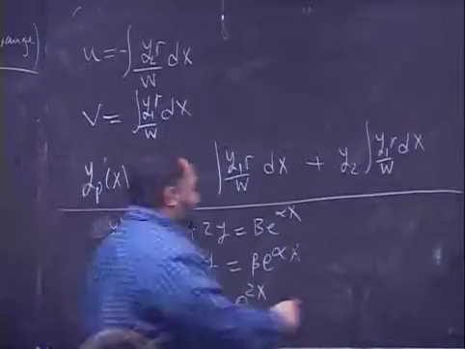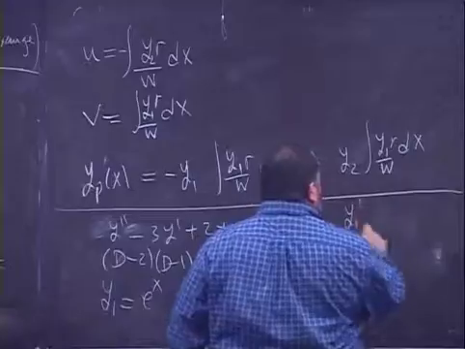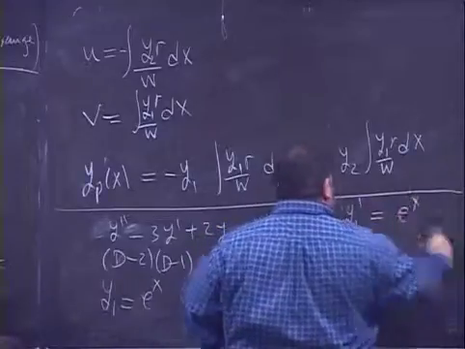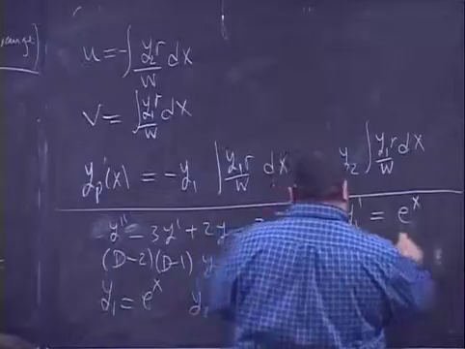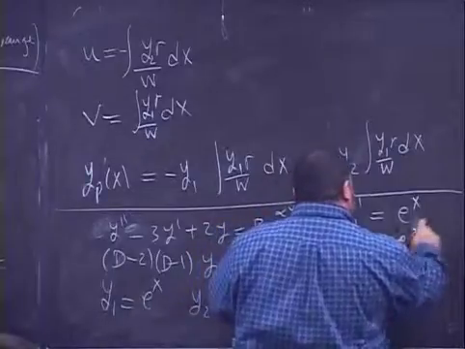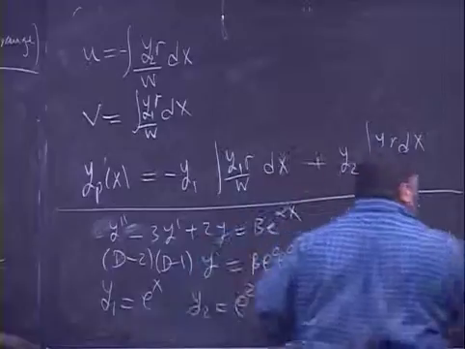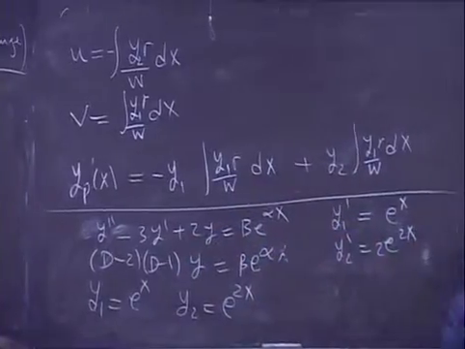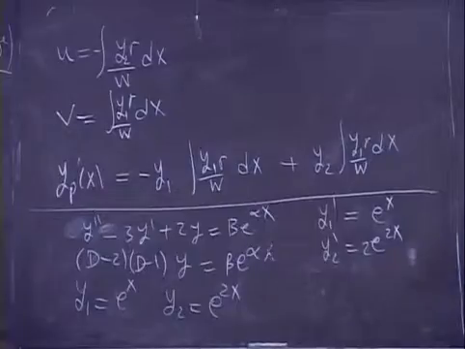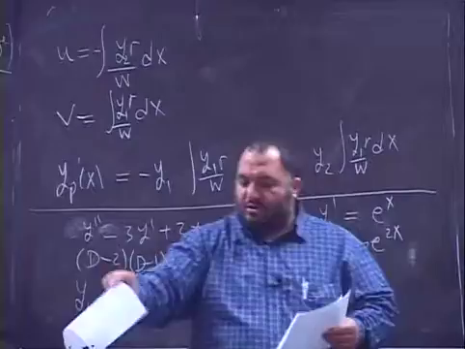So what's y1 prime? E to the power of x. And what's y2 prime? 2 e to the power of 2x. Then what's the Wronskian?